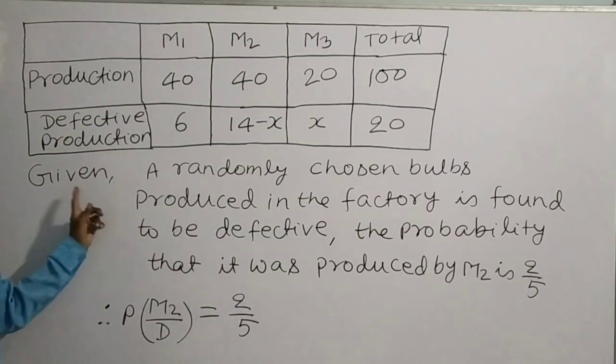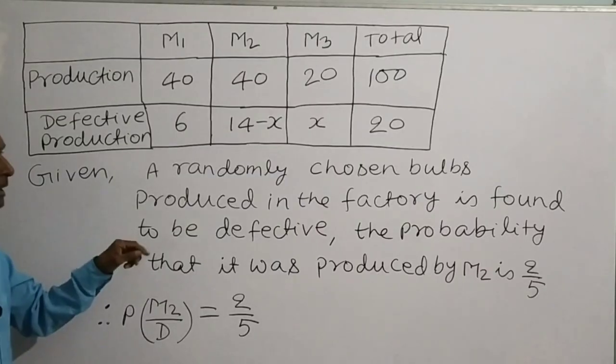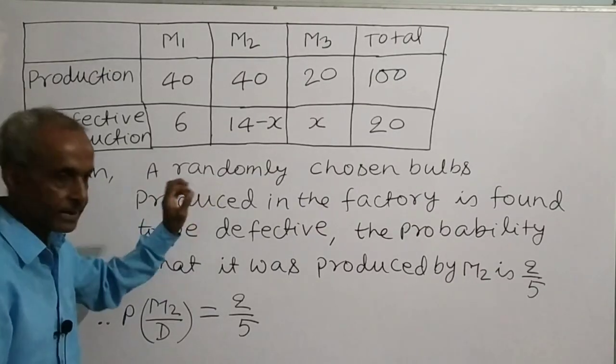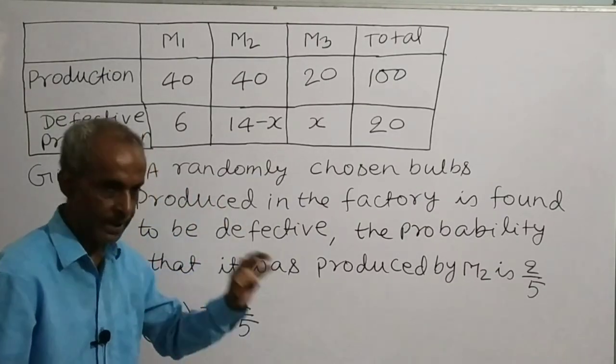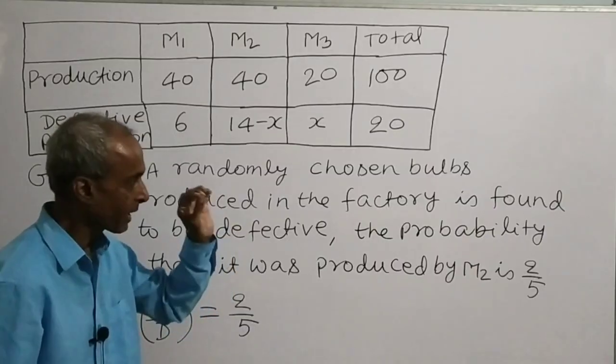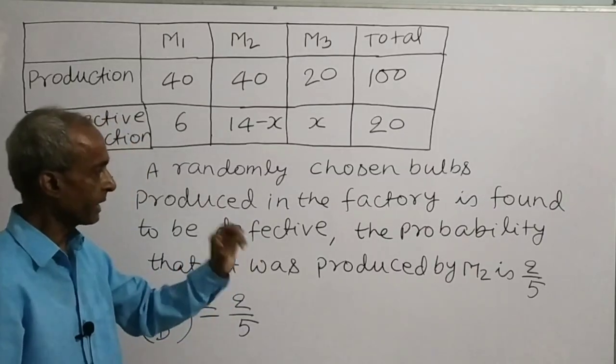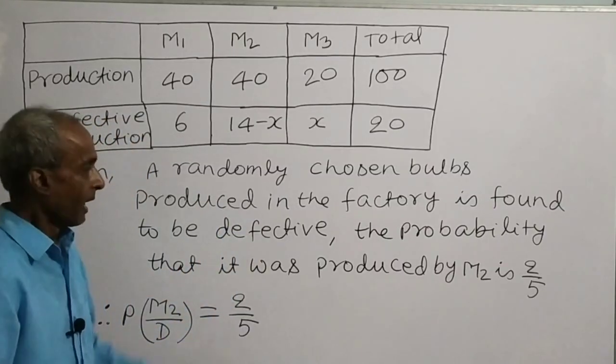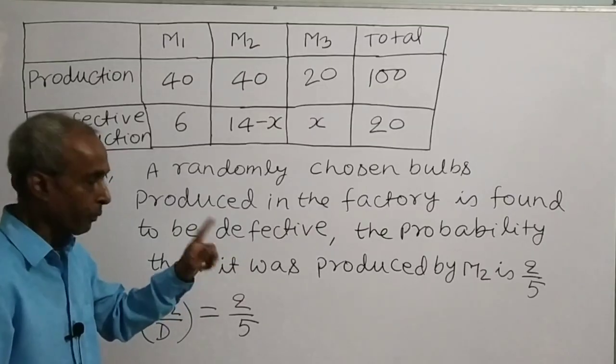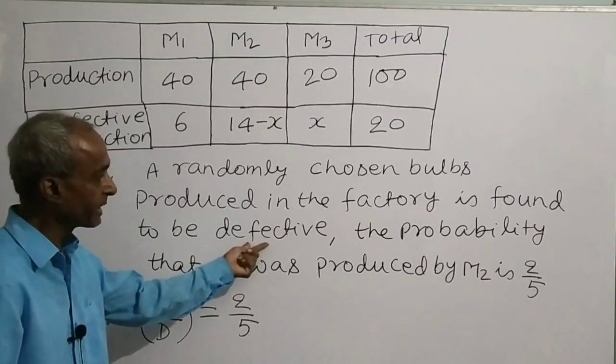It is given in the question that a bulb is randomly chosen out of all the bulbs produced in the factory, and that bulb was found to be defective.